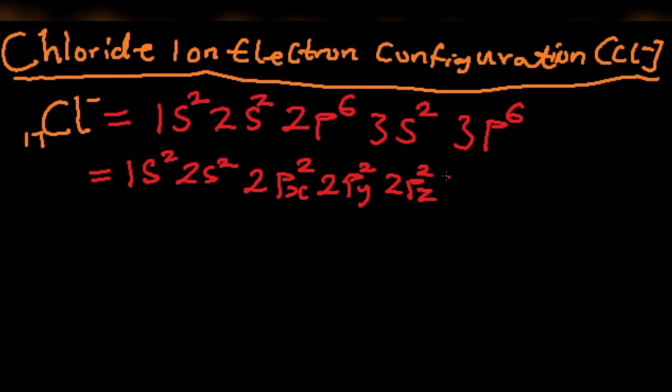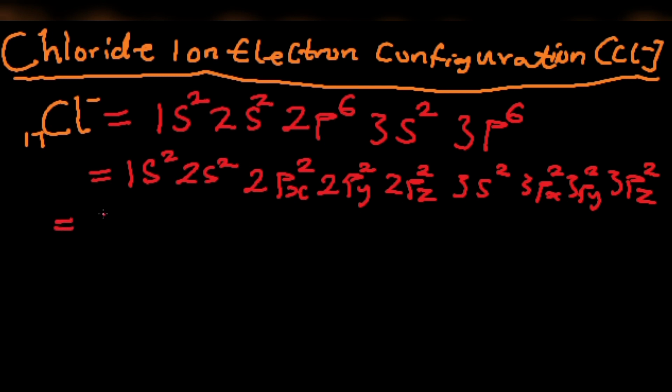Then we have the 3s, which will take 2. We have the 3px, 3py, and the 3pz. So this will take 2, that will take 2, 2. So 18 in number. So this is obeying the octet rule.